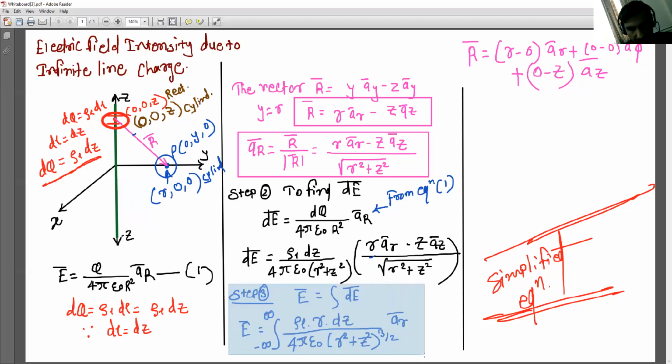So what equation are we getting? E bar is equal to integration dE bar. It is equal to integration from minus infinity to plus infinity, because we don't know the length. We have assumed it's infinite, right? That's why minus infinity to plus infinity, rho L r dz into a bar r divided by 4 pi epsilon naught into bracket r square plus z square bracket raised to 3 by 2.